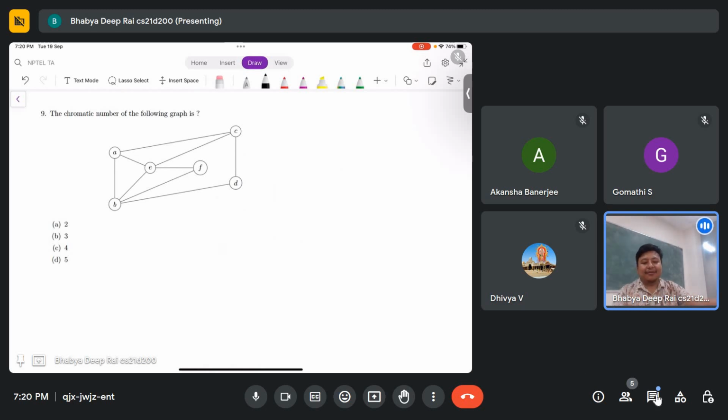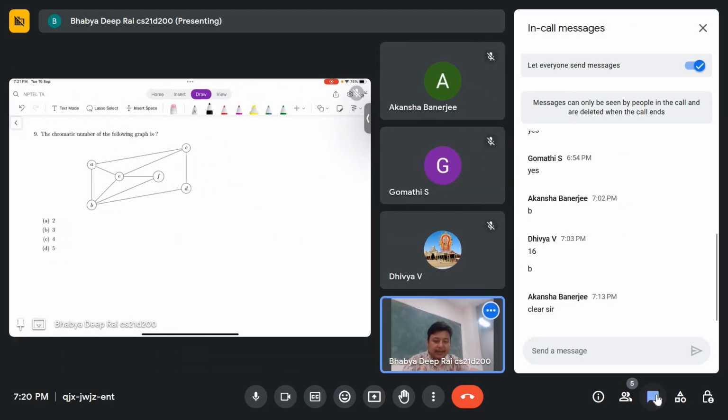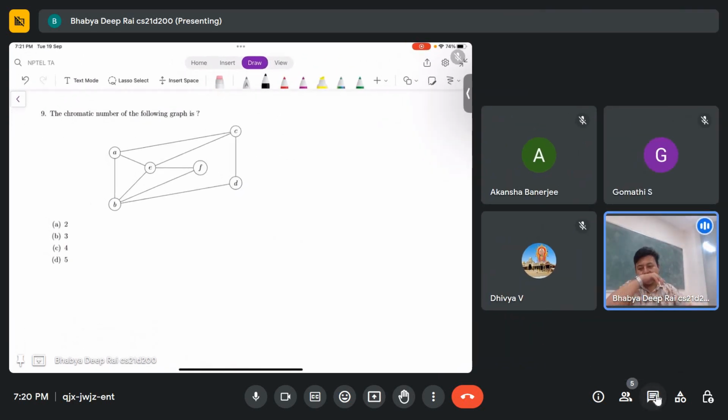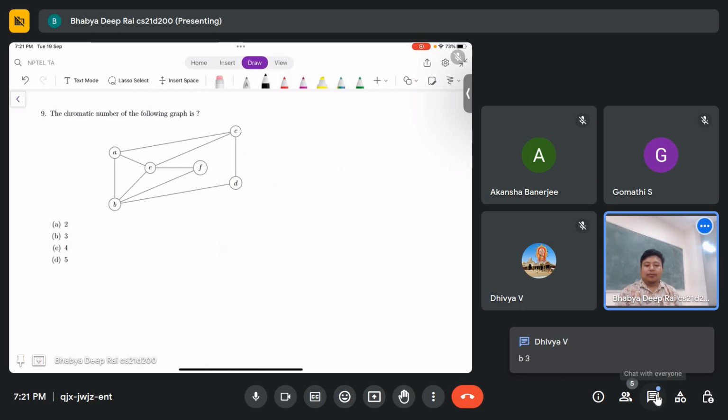What is the least number of colors that I would need to color this graph properly? Properly meaning no two adjacent vertices have the same color. Okay, Divya says 3. Let's see. Answer is 3.